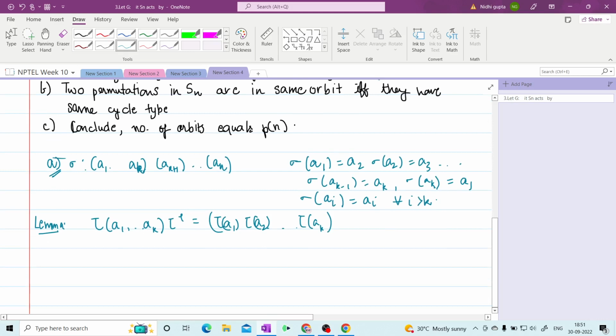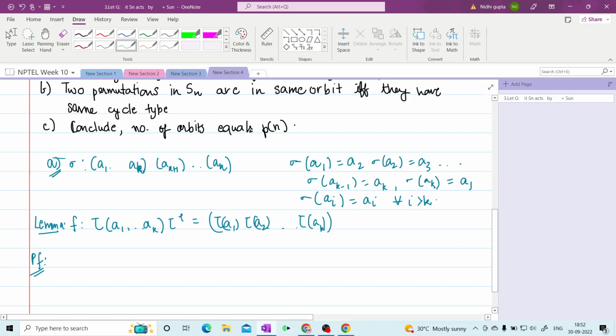First we prove this, and then we'll see how from this lemma we can conclude that the orbit of σ, that is the orbit of a k-cycle, comprises all the k-cycles. So now we have to prove this. To prove it, it is sufficient to find the value. If this is, say, f, it is sufficient to find the values of f on all the elements of the set.